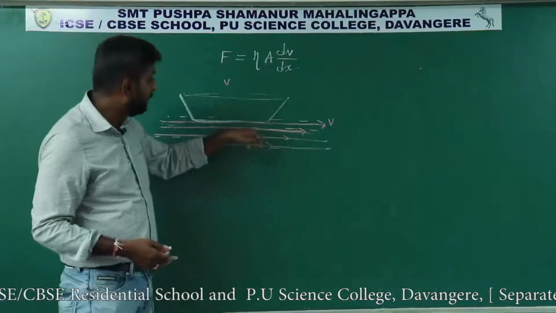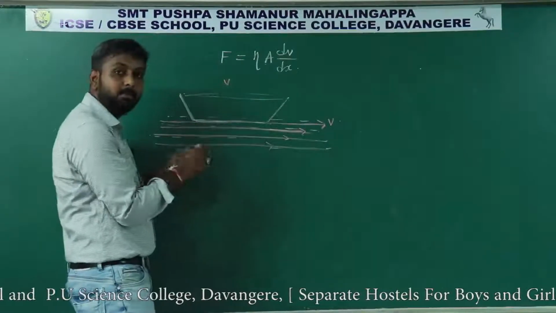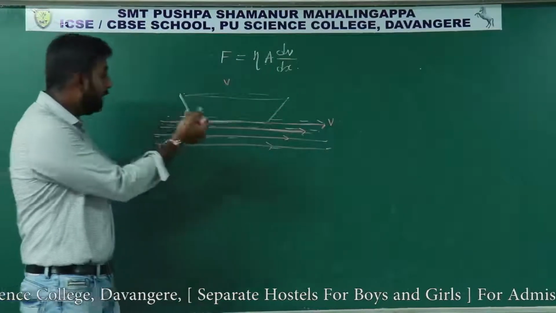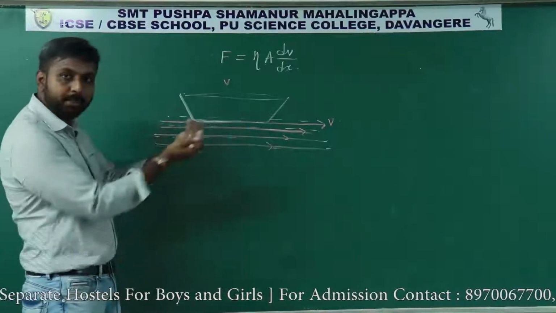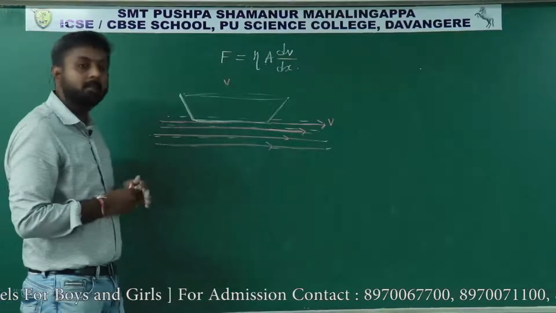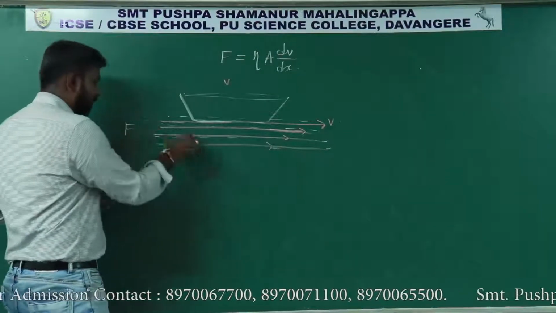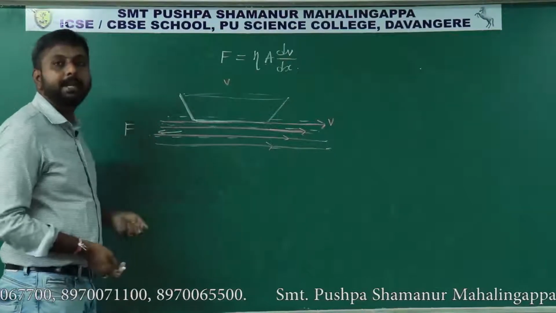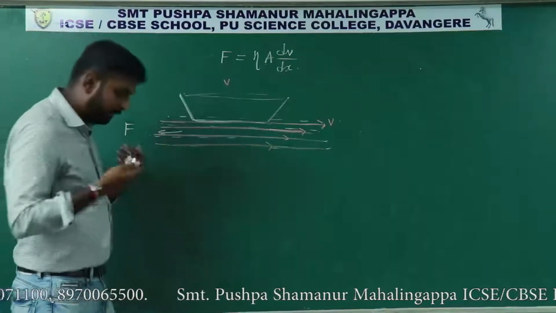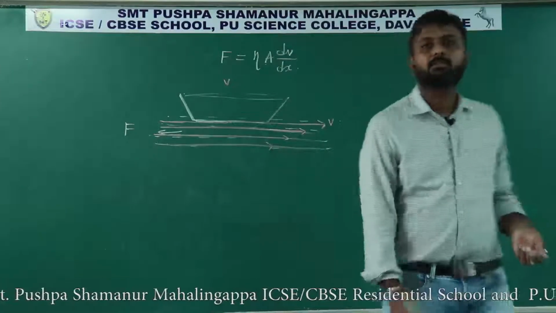This top layer tries to move the bottom layer, but the bottom layer applies force in the opposite direction and pulls the top layer, or the bottom of the boat, in the backward direction. Definitely a drag force or viscous force will act in this direction. In this way the viscous force acts on objects.